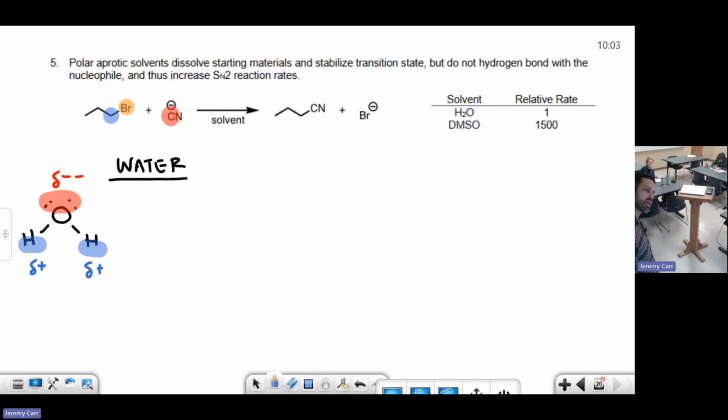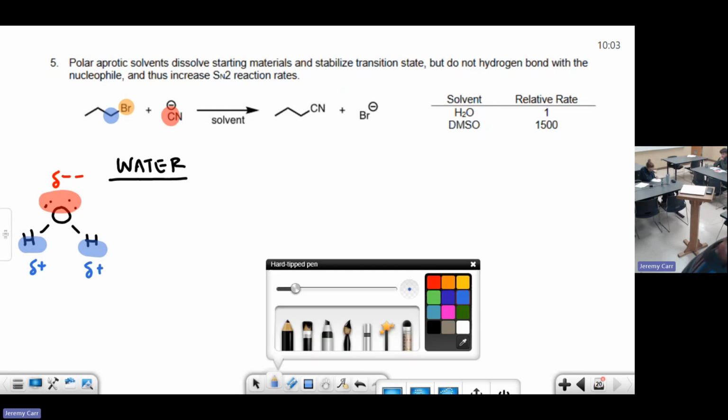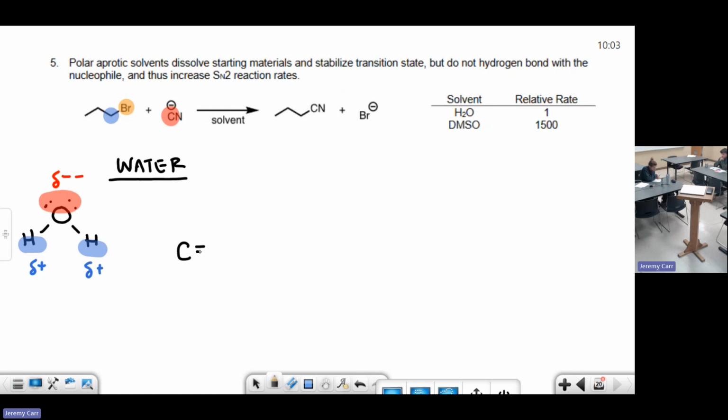The partial negative side is going to be attracted to things that are positively charged, and the things that are positively charged are going to be attracted to things that are negatively charged. Now, why does this matter? Well, let's think about this. If I have an alkyl halide that's floating around in the reaction mixture, but I have the cyanide, that cyanide is negatively charged. So if you kind of think about what a cyanide looks like, it actually has a whole bunch of electron density around it.